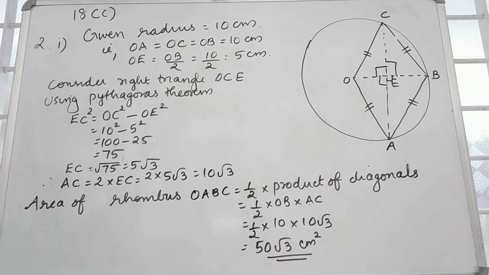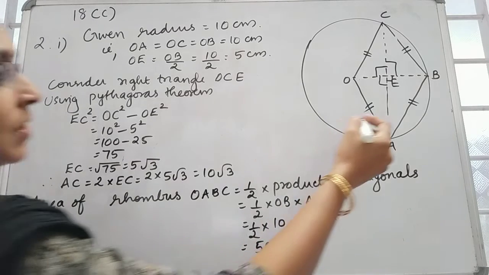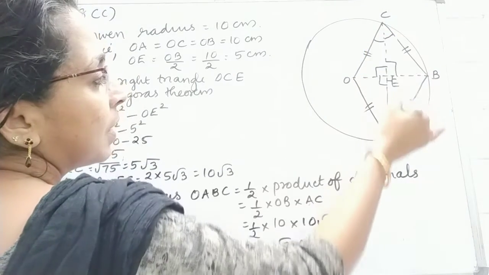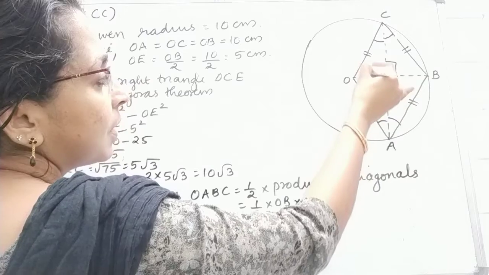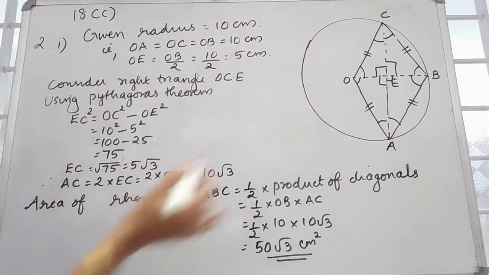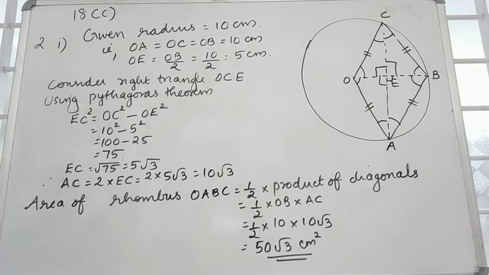Then third one, each diagonal bisects angles at the vertices, which means these two will be equal, these two will be equal, and these two will be equal. So these are the properties of a rhombus.